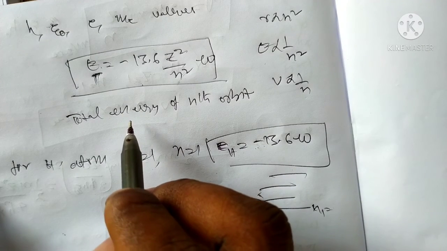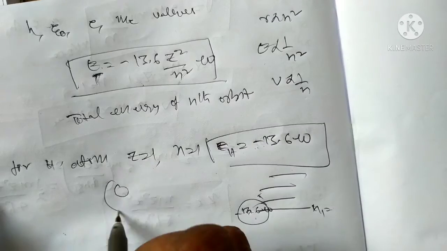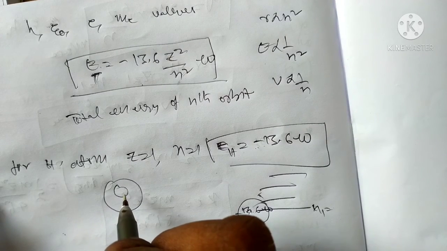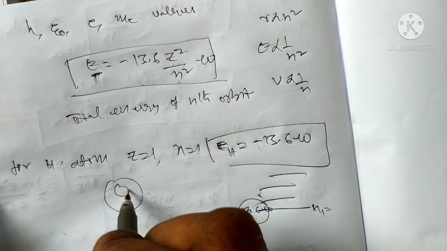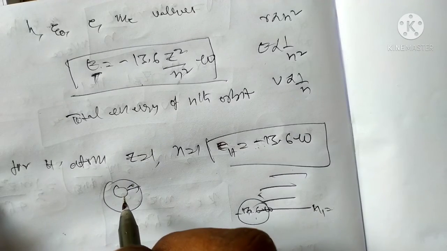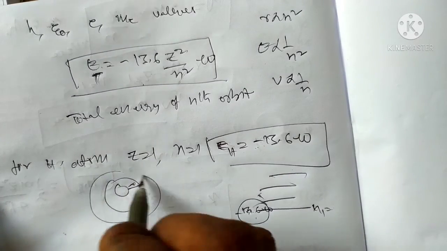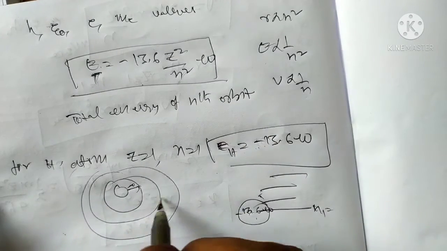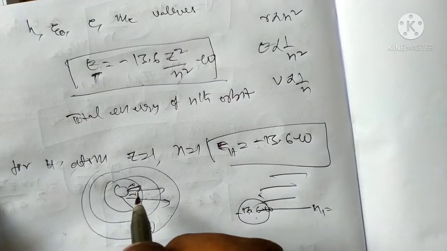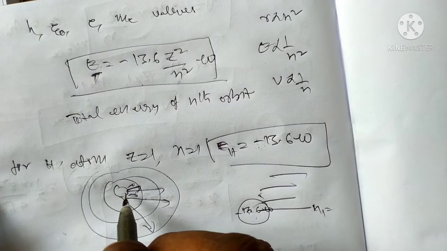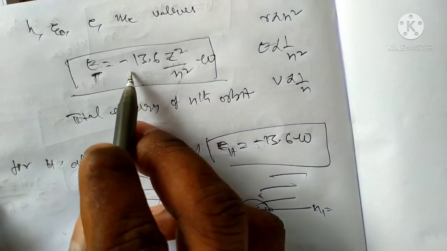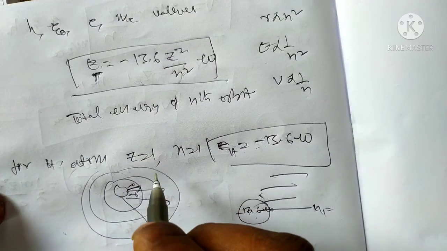A free electron is far from the nucleus. Electrons revolve around the nucleus at any distance from minimum to maximum, and the distance r changes, with a negative indication.